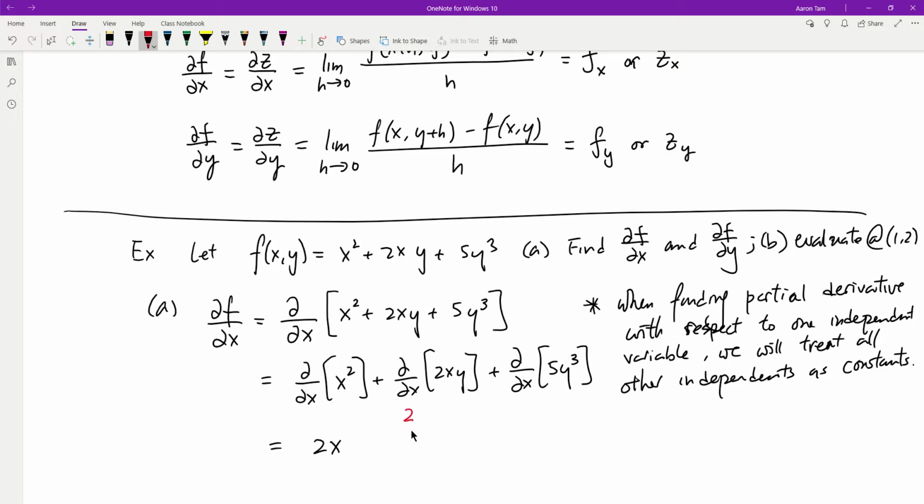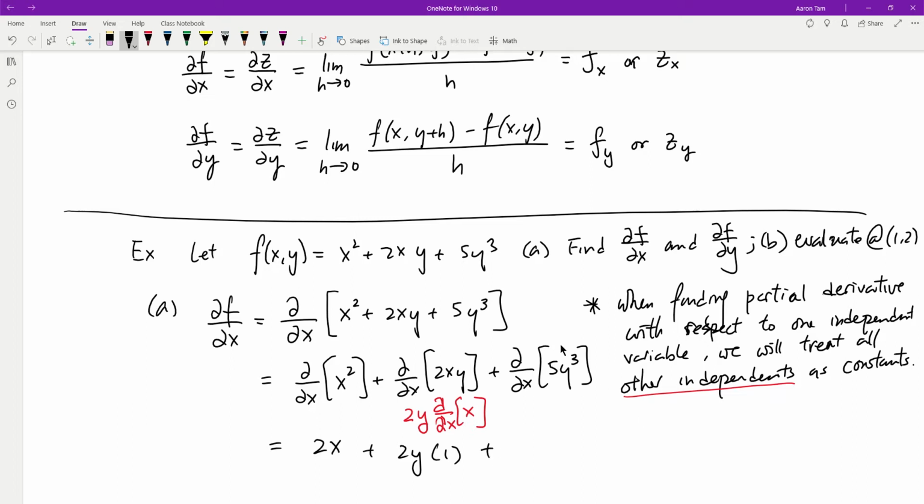But y is also a constant, because y is one of the other independent variables. And therefore, I'm actually differentiating just x, with 2y being the constant that gets pulled out of the partial differentiation. So that just becomes 2y times 1.